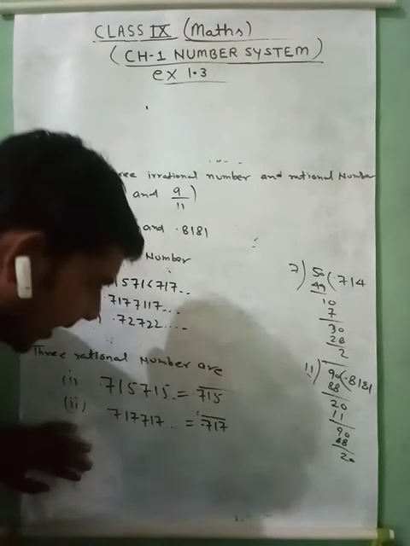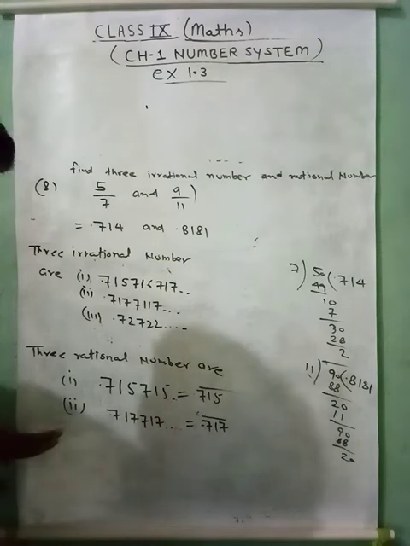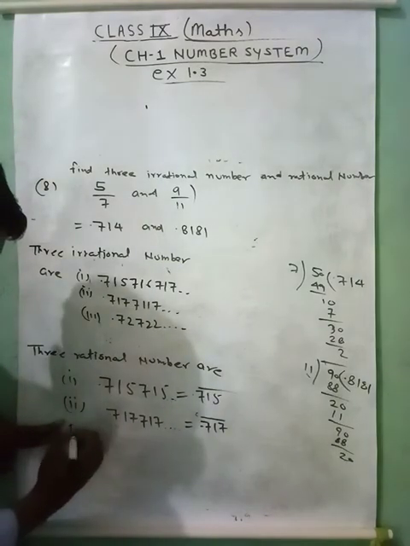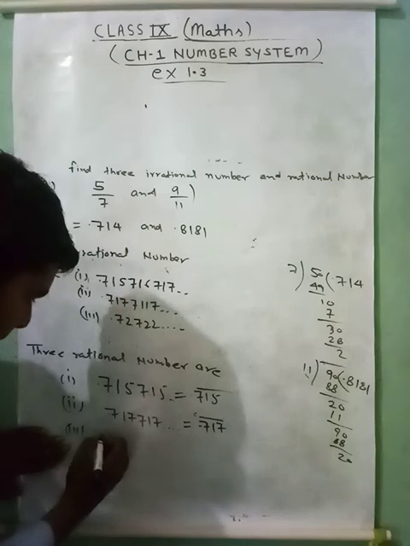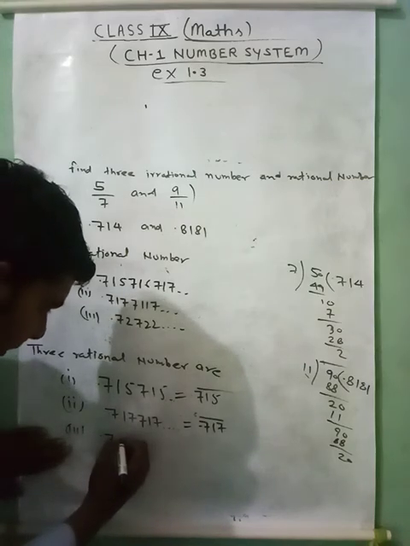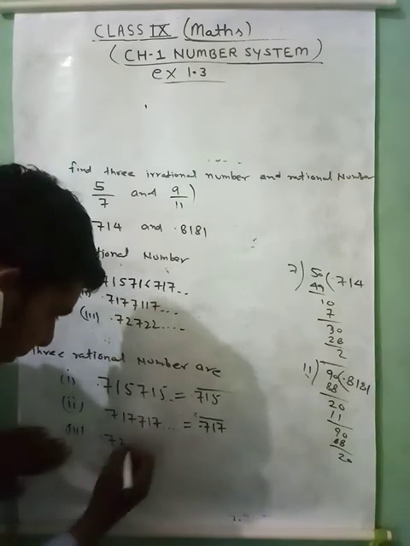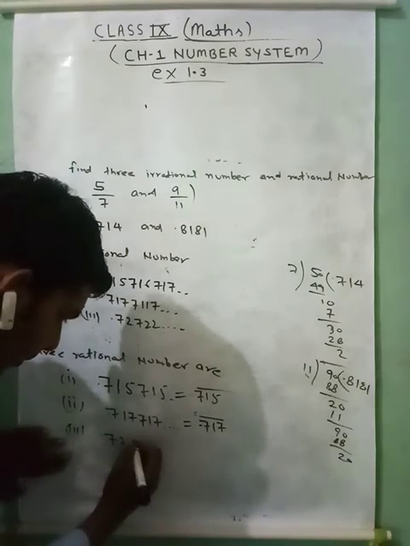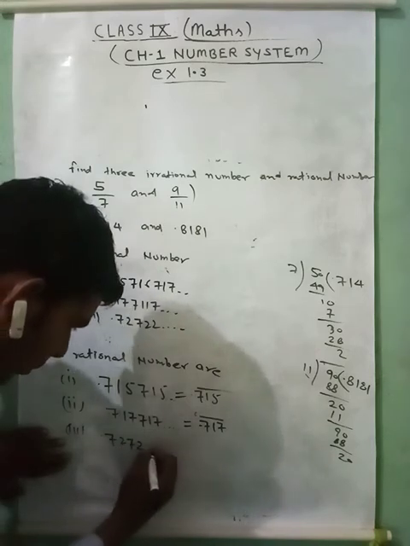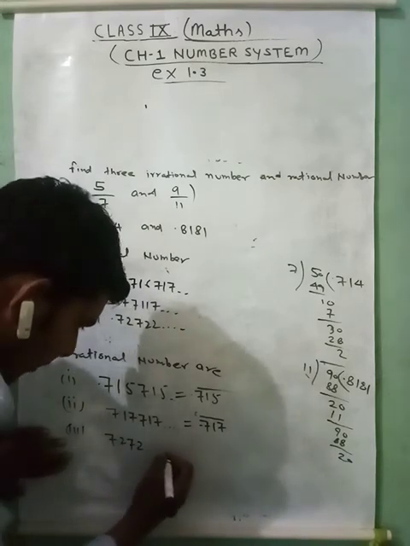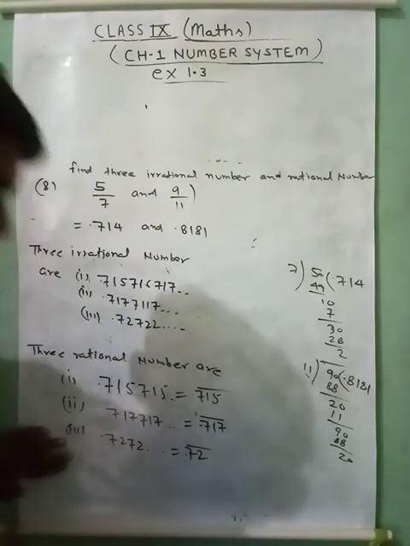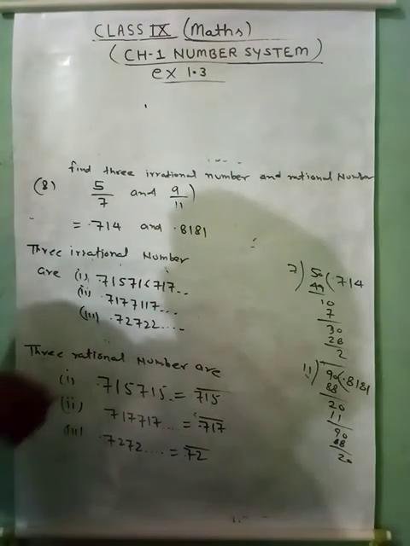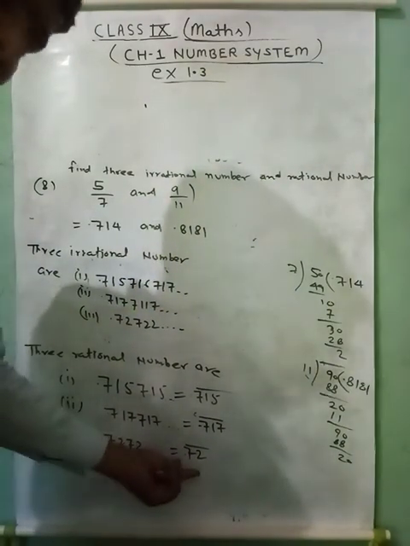After 3 digits we can write a bar because 3 digits are repeating. Third number we can write 0.7272 and so on. We can write here 0.72 bar. It is a rational number. It is non-terminating but repeating.